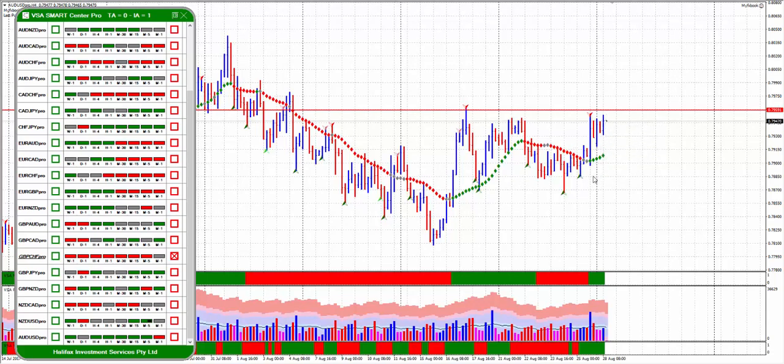If it continues down, then I'll be looking for shorts just below the 79 cents level, below the trigger line here. Below that level, I'll be looking for shorting opportunities. So they're the two key levels that I'm keeping an eye out for.